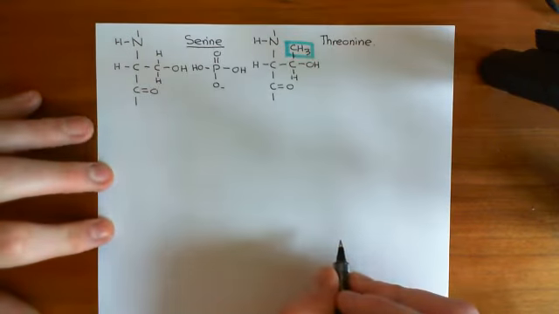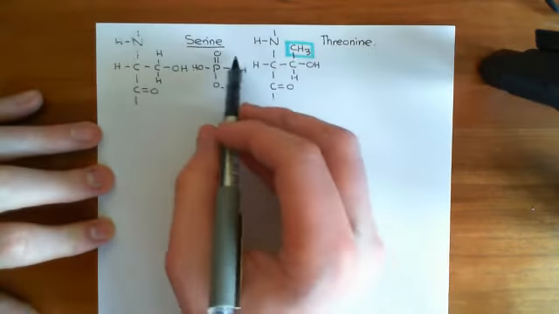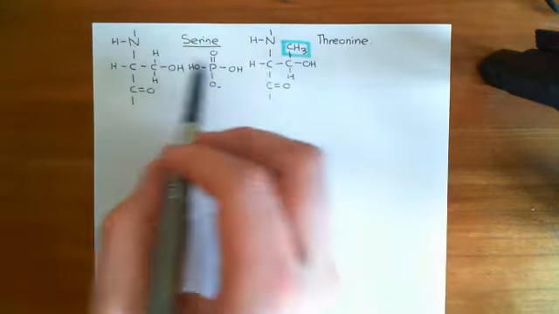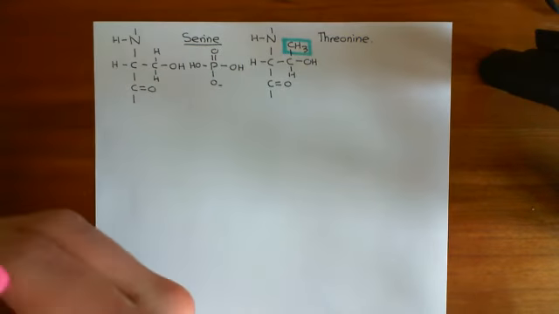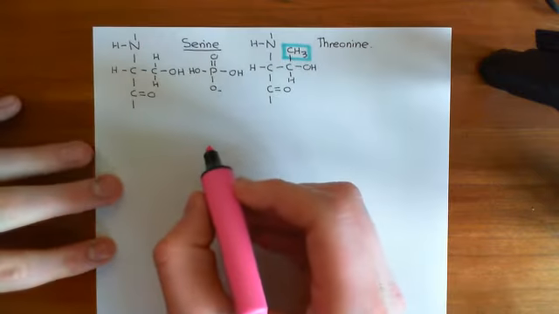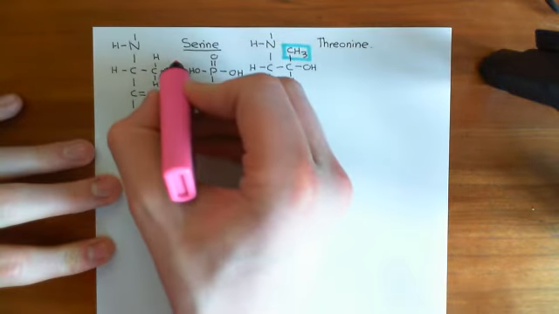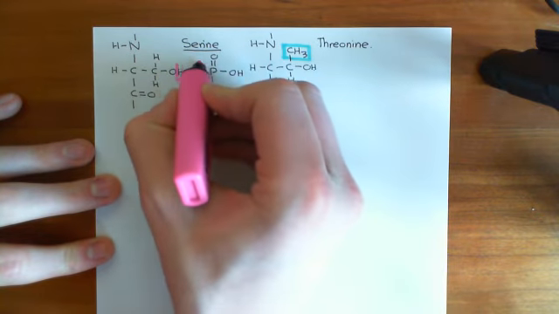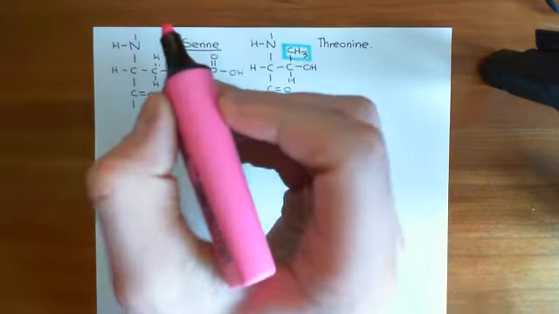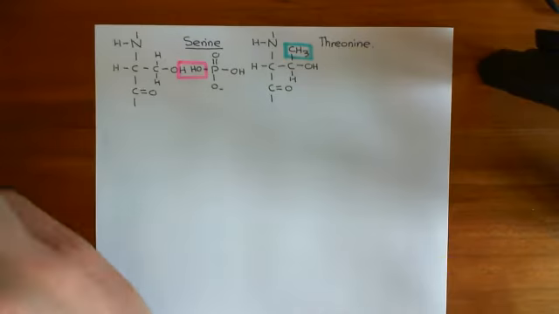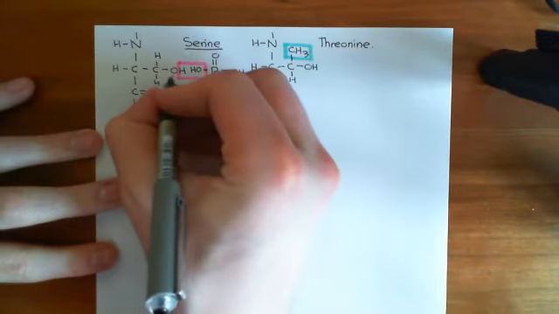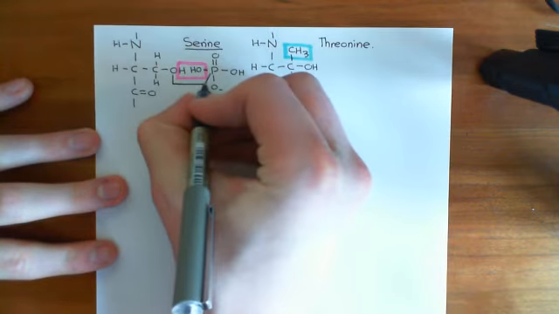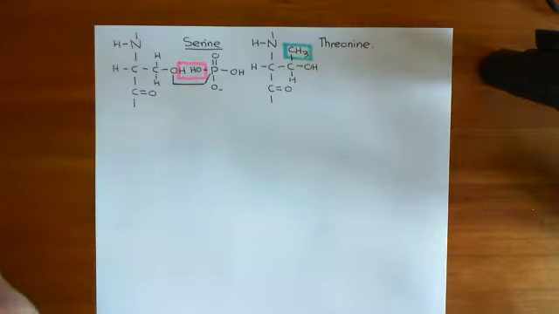Here once again is our phosphate group, and you can imagine that this is exactly the same for threonine here. We've just got that extra methyl group. And what will happen again is you'll form this ester-like link known as a phosphoester link. You'll take the alcohol group of the phosphate group, you'll take a hydrogen off the alcohol group of the serine or threonine residue, and you'll then bind the oxygen of the serine or threonine residue to the phosphorus atom of the phosphate group.